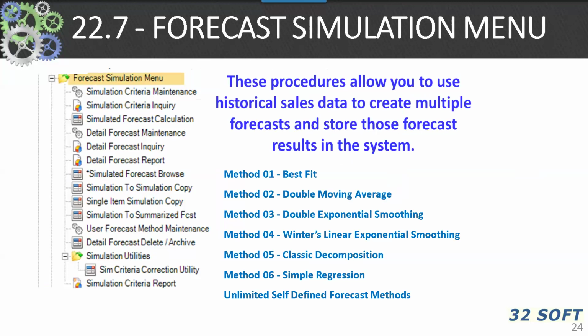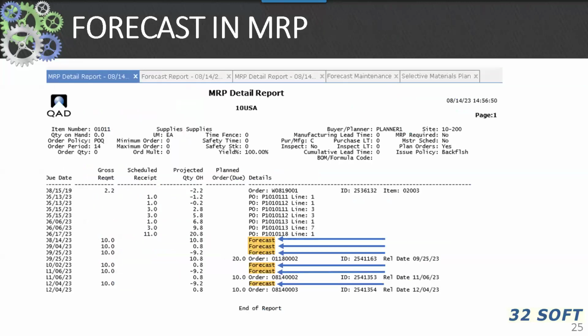Regression models, production smoothing algorithms, period forecasts can all be created with 22.7. 22.7 has some extremely effective forecasting algorithms for forecasting demand: double moving average, Winter's linear exponential smoothing, classical decomposition, regression analysis, along with an unlimited number of self-defined forecast methods. We're going to have a webinar again, as I mentioned, in October on that subject.